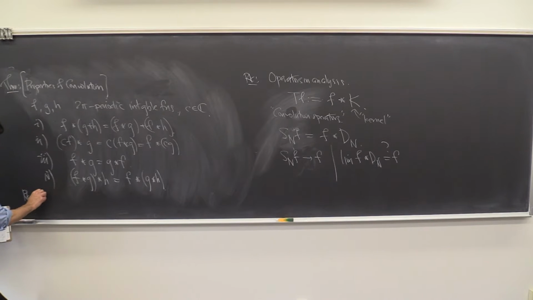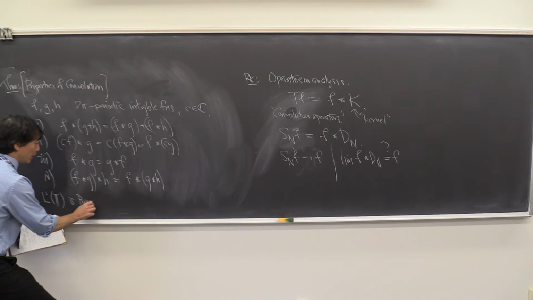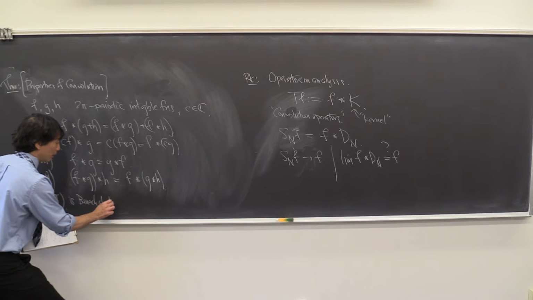Just as a side comment, if you look at the L1 functions that are 2 pi periodic, so people write those functions as on the unit circle, it's what's called a Banach algebra.